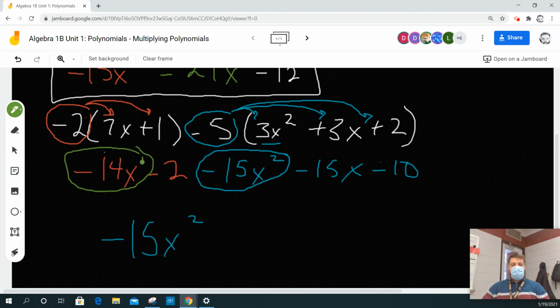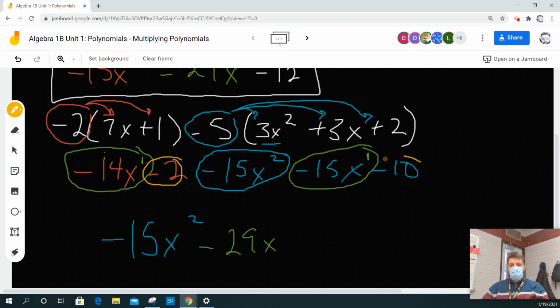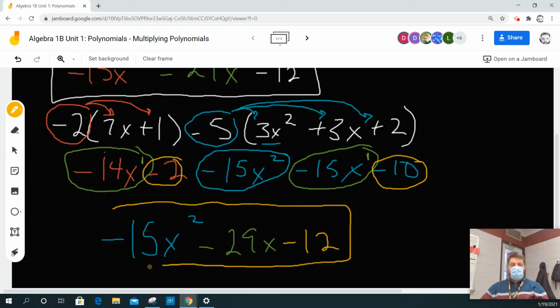This is x to the first power, and this is x to the first power, so I'm going to combine those. Negative 15 plus negative 14 is negative 29. And then we combine the last ones. Negative 2 and negative 10 gives me negative 12. Okay, notice that they equal the same thing.